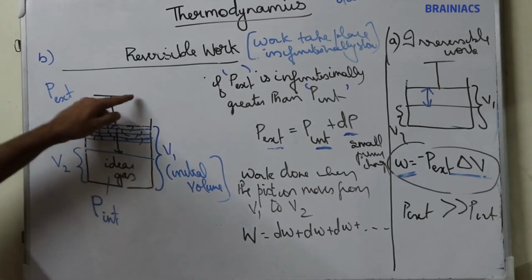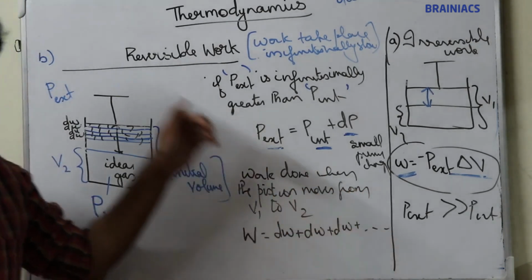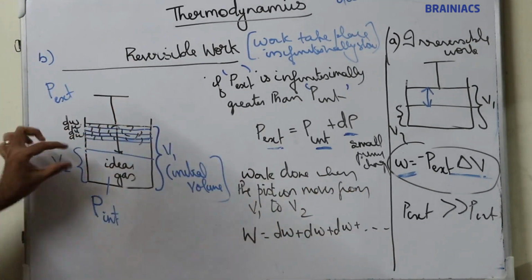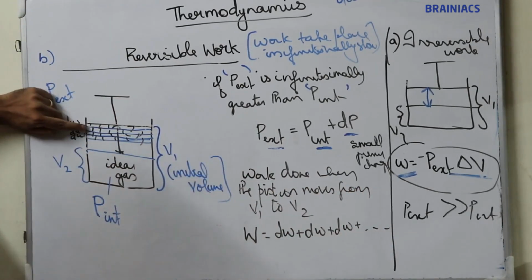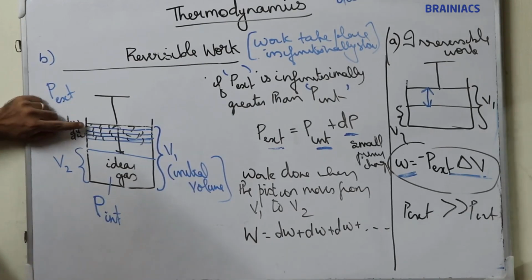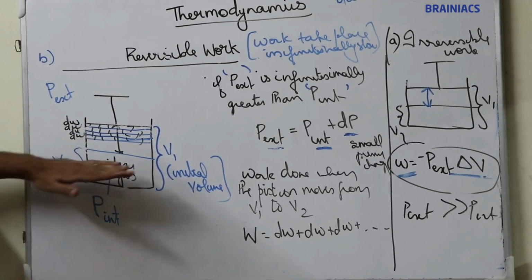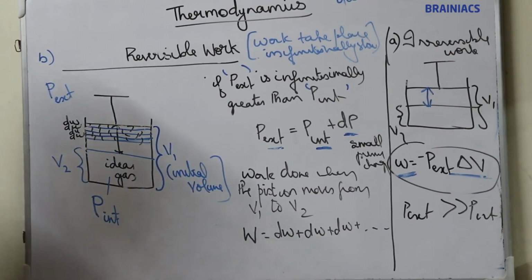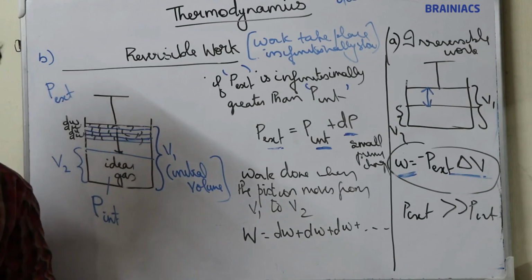So, total work done during the movement of the piston from V1 to V2 is, we have to add the work done in each step: dW plus dW plus dW plus dW, and so on till V2. I think it's clear till here.